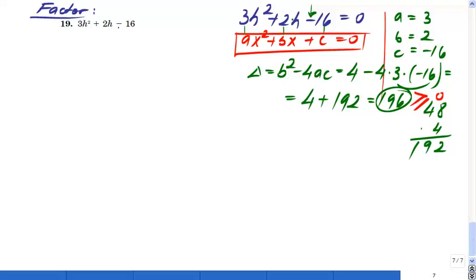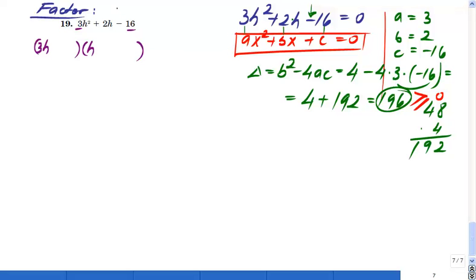Now let's see ways to factor this one out. I'm going to check the first and the last terms, right? If this is factorable, I will have two binomials in which the first term is going to be a factor of 3h squared, so it's going to be 3h or h. And what other number multiplied by 3h gives me 3h squared? H, right? Because 3h times h gives me the 3h squared.